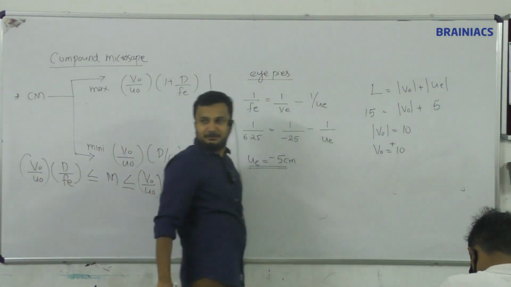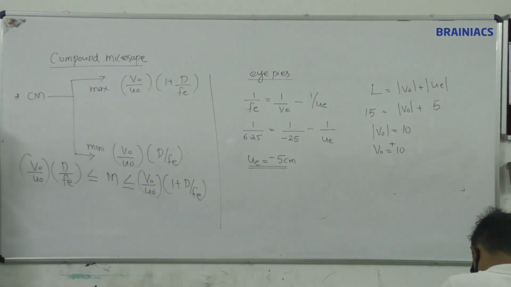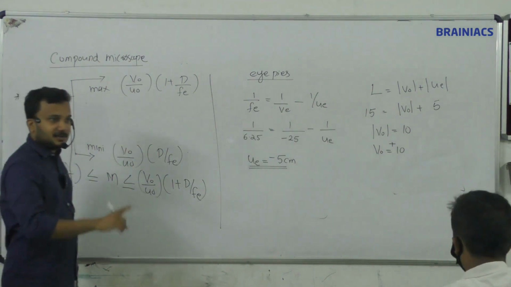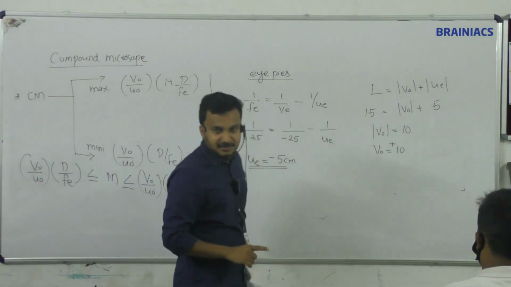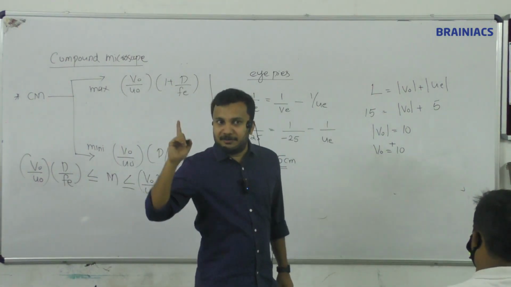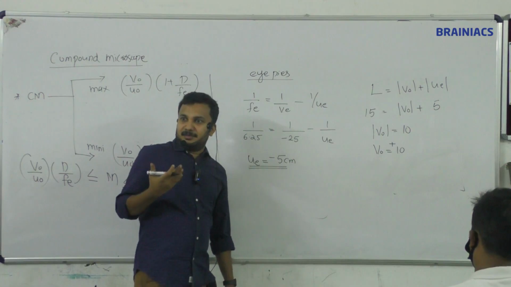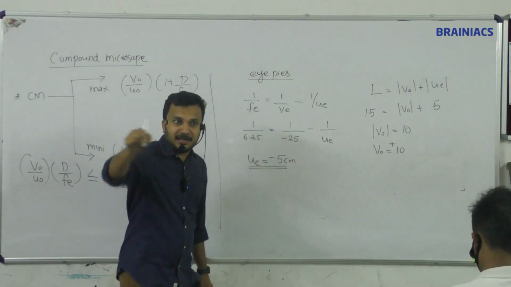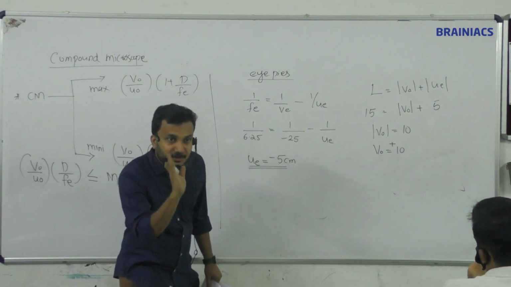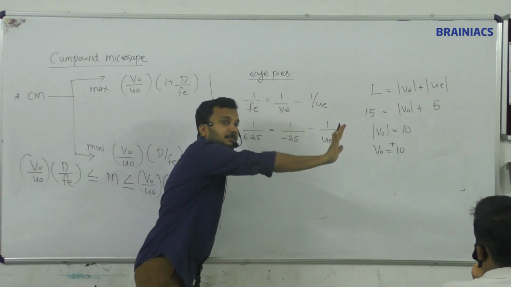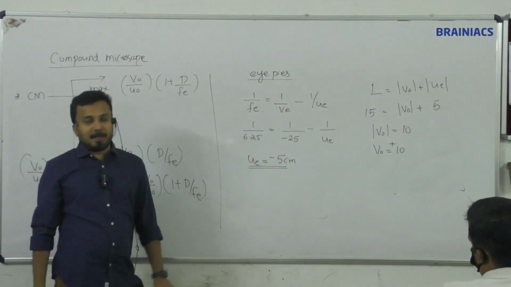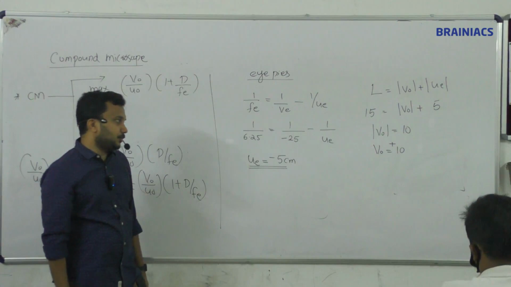Be sure, for a compound microscope. Why? Because a compound microscope will never form an image on the left side. Correct? In a compound microscope diagram, if you look into the eyepiece, the objective lens will create an image on the right side. Positive, V0 equal to 10. So I got V0.